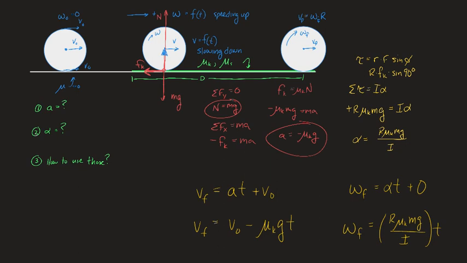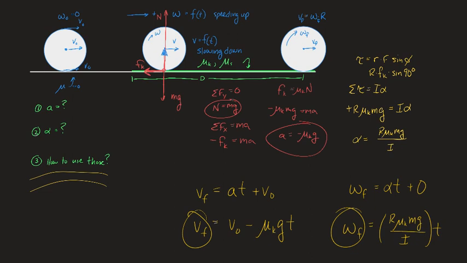Here's the leap of logic that you need to take. And it was one that we had way back in like August. We reach the state of rolling when this equals this times the radius. That's when we reach the state of rolling. We can find out when that occurs.